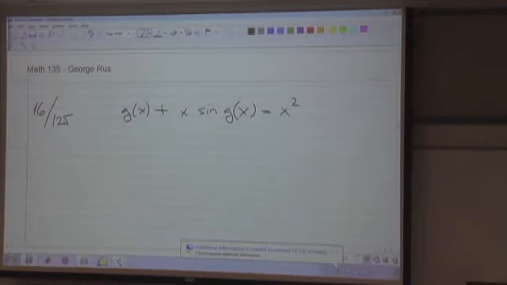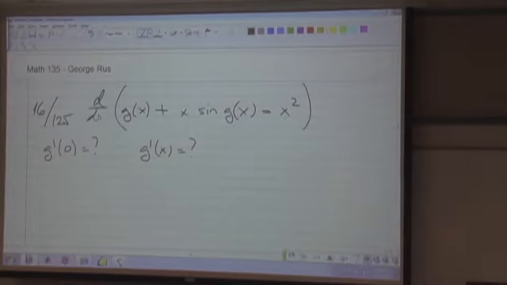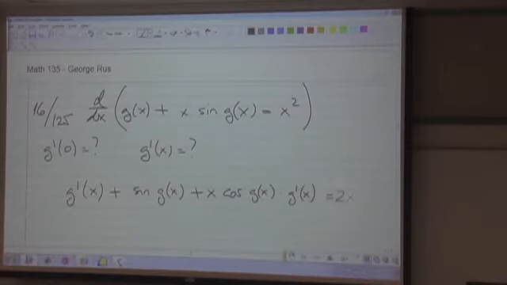So to find g prime of 0, we need to figure out what g prime of x is first. And so if you take derivatives in both sides in terms of x, you'll end up with g prime of x plus sine of g of x plus x times cosine of g of x times g prime of x is equal to 2x. Right?